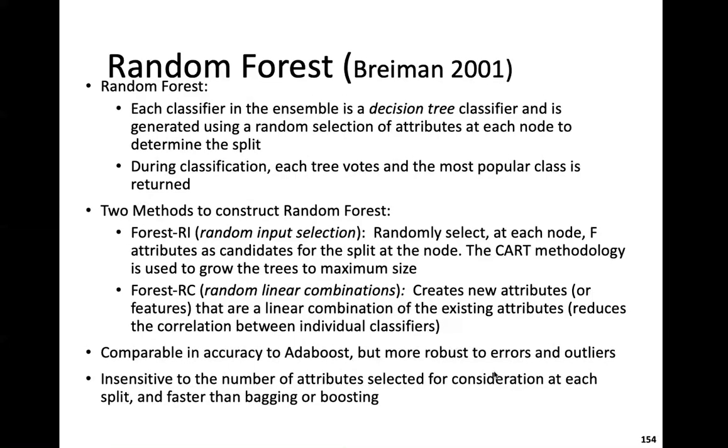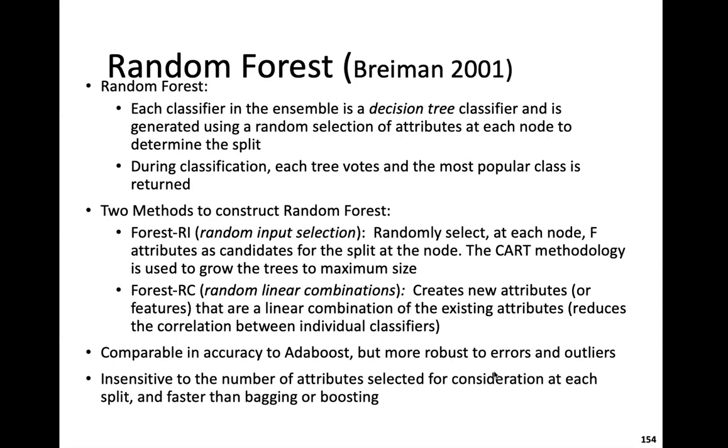There are two methods for the construction of the random forest. You can see that it will be the usual method to grow the decision tree, but as it has been explained earlier, you are dividing up the set of candidates.